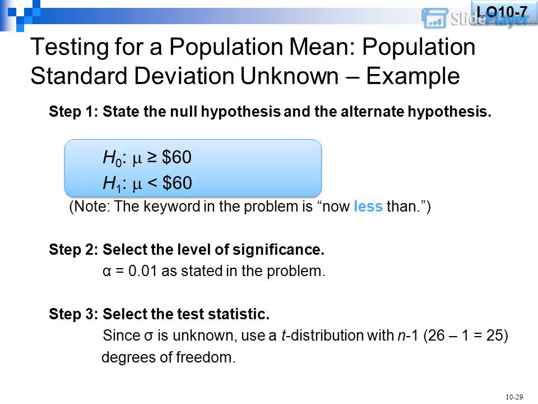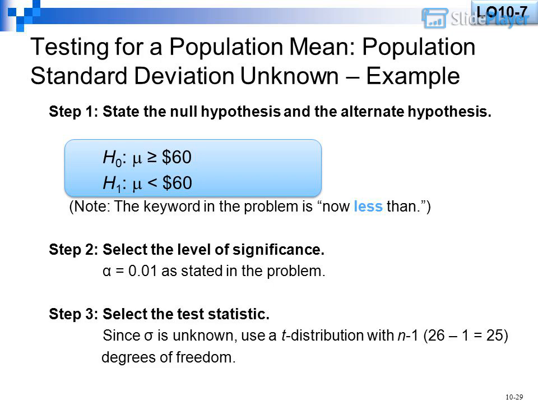LO10-7. Testing for a population mean, population standard deviation unknown. Example: Step 1, state the null hypothesis and the alternate hypothesis. H0, greater than or equal to $60. H1, less than $60. Note, the keyword in the problem is now less than.